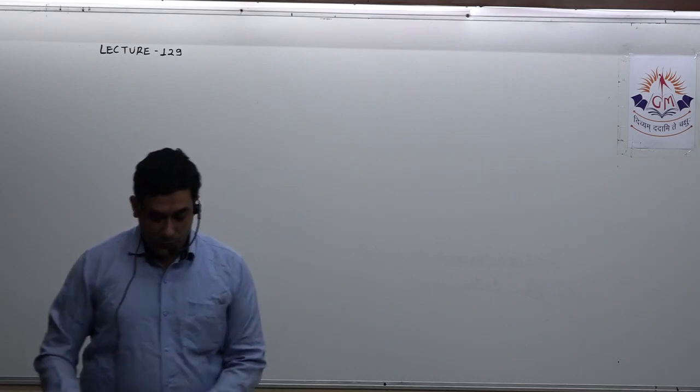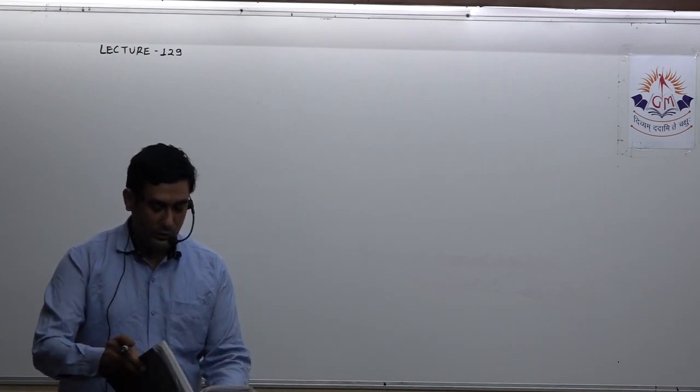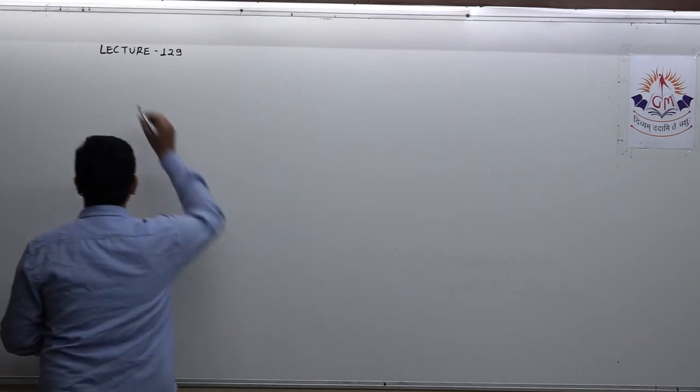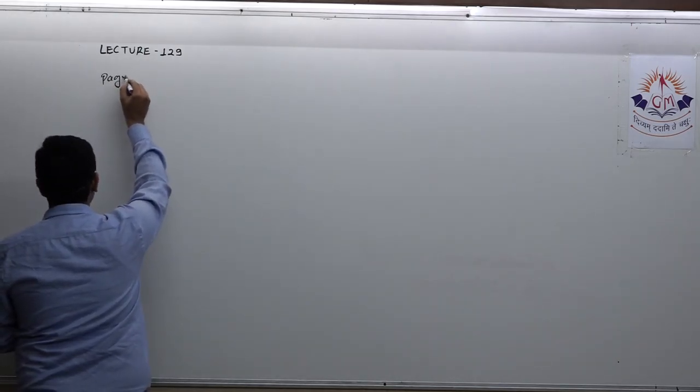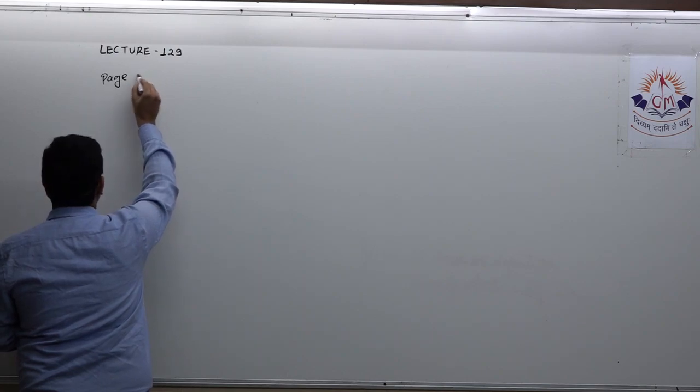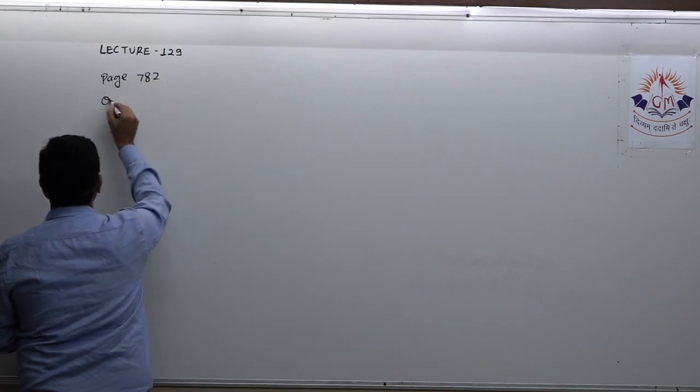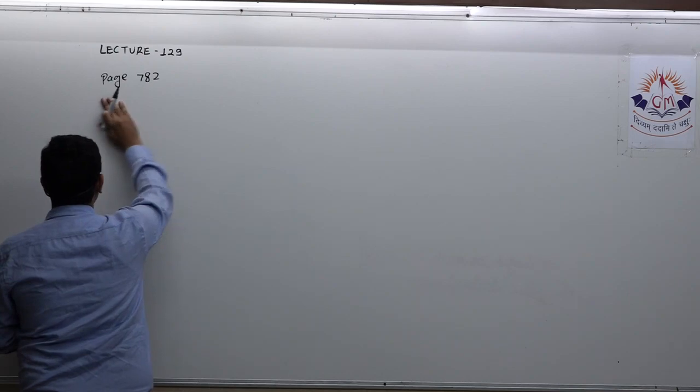If the volume of a cuboid is 440 centimeter cube, that I am taking from page 782, example number 2.